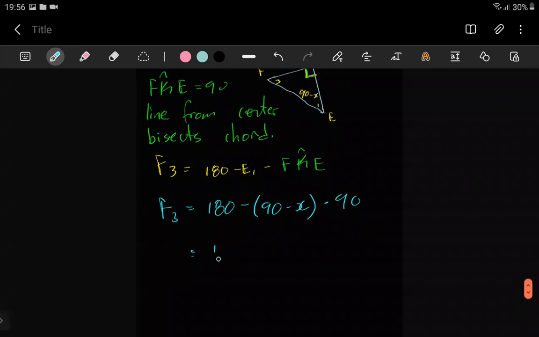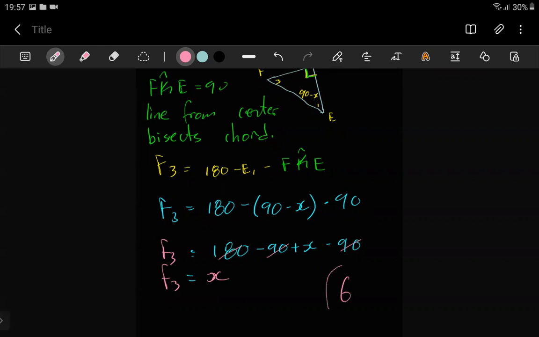So we're going to have minus 90 here, plus x here, and then minus 90 out there. We can see how this is 180 minus 90 minus 90. They just all go away, because minus 90 minus 90 is minus 180, and 180 minus 180 is 0. Then you're left with F3 is equal to x. And then they're going to give you your 6 marks. You see? Perfect.